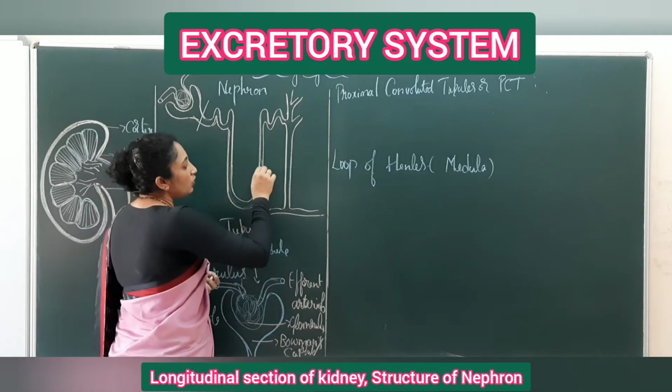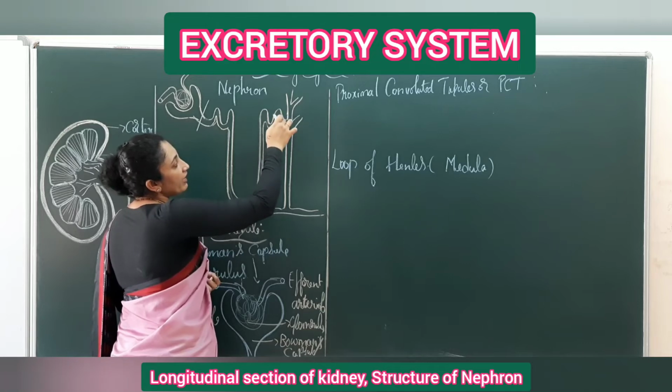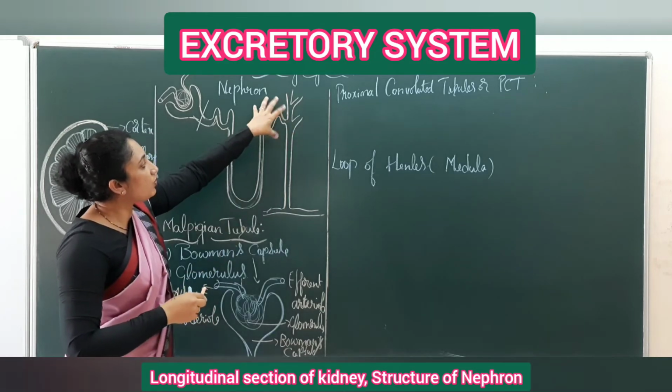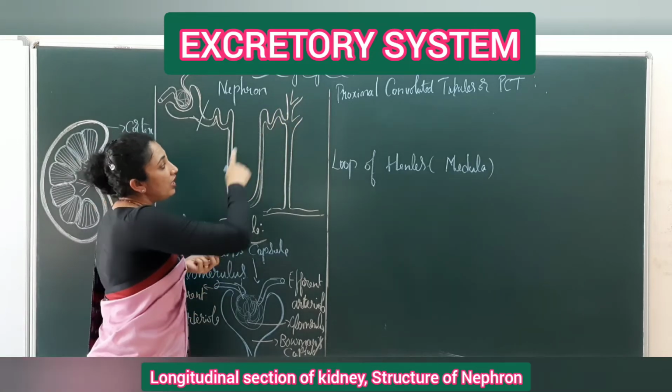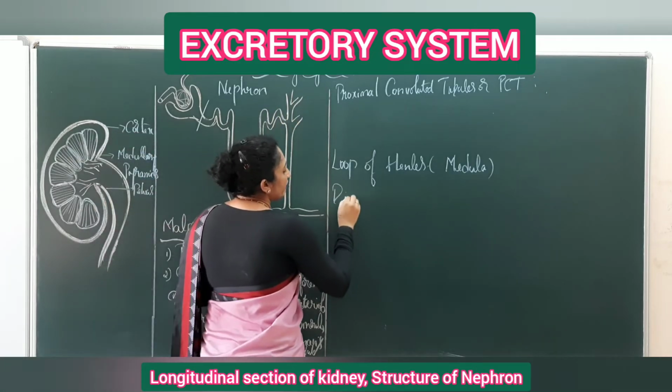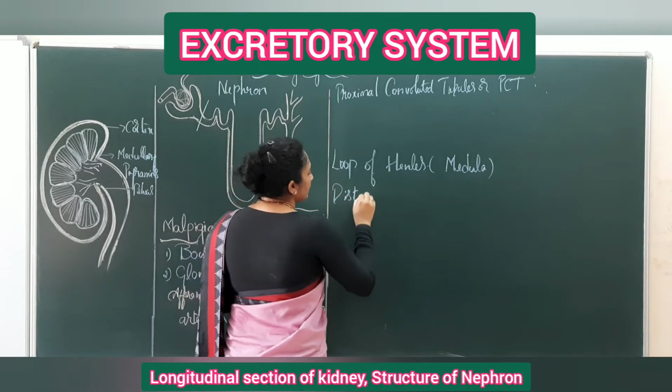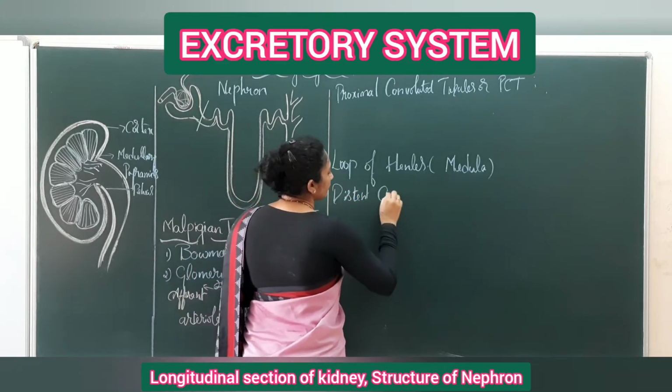Leading from the loop of Henle, again we see the convolution, and as this convolution lies at the distant end or the end region of the nephron, we call it the distal convoluted tubule.